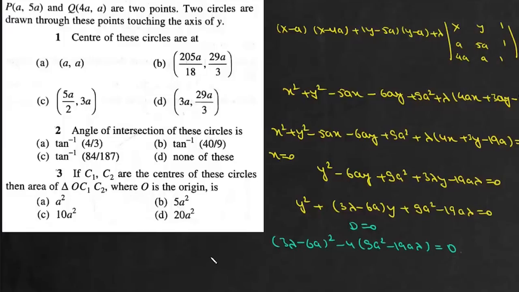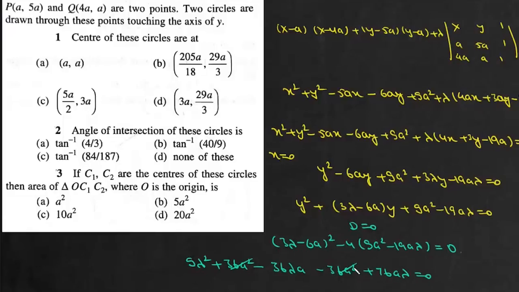So we simplify this, we'll get 9 lambda square minus 36a lambda plus 36a square minus 36a square plus 76a lambda equals 0.